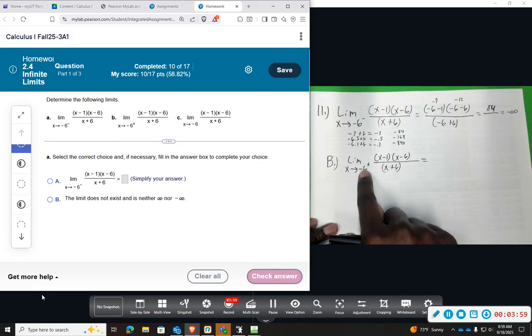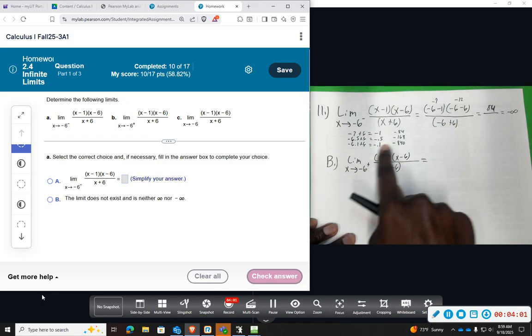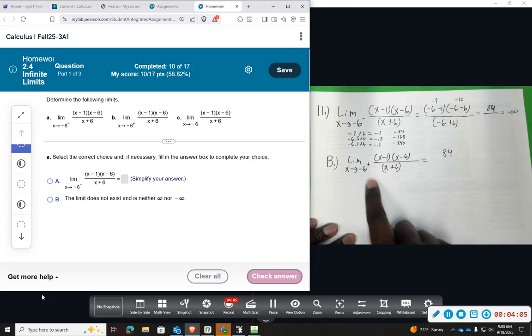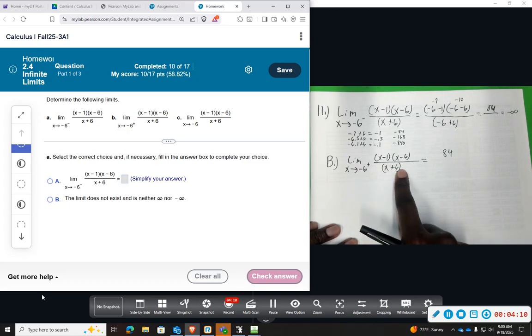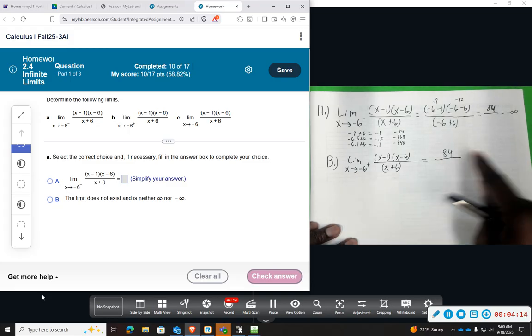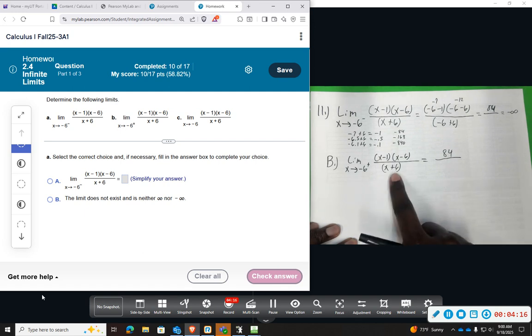We're still approaching -6, we're just coming from the other side. Now on the bottom, again, if you plug in -6, you're going to get a 0, so that doesn't tell us anything. So we need to tend closer and closer to -6, but we're coming from the right.